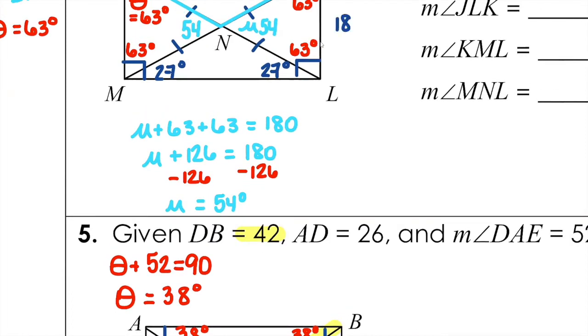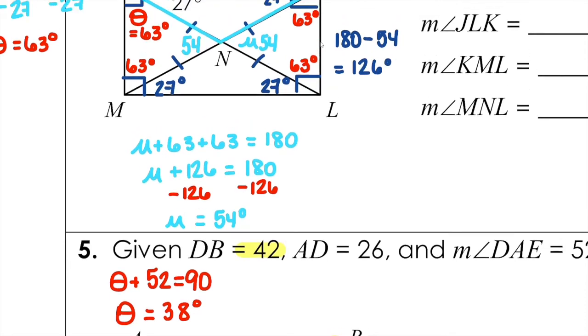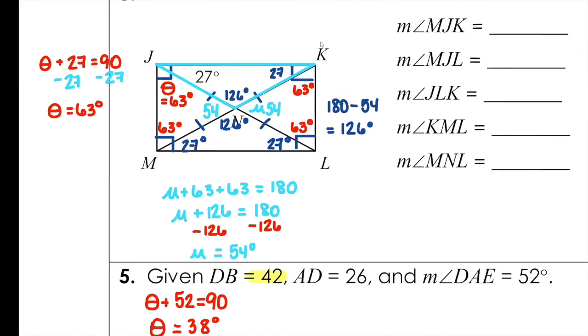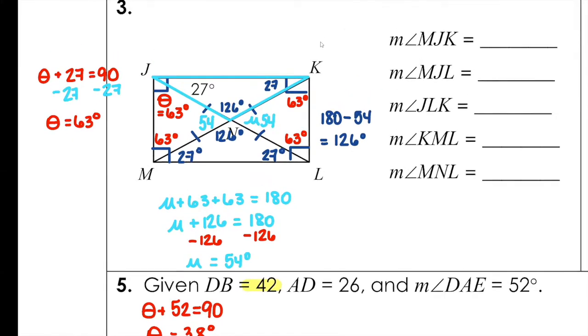So 180 minus 54 is 126. Where did we see that number? Didn't we see that number already? The light blue, it's almost as if it's an exterior angle, and that is just the sum of the two remote interior angles.